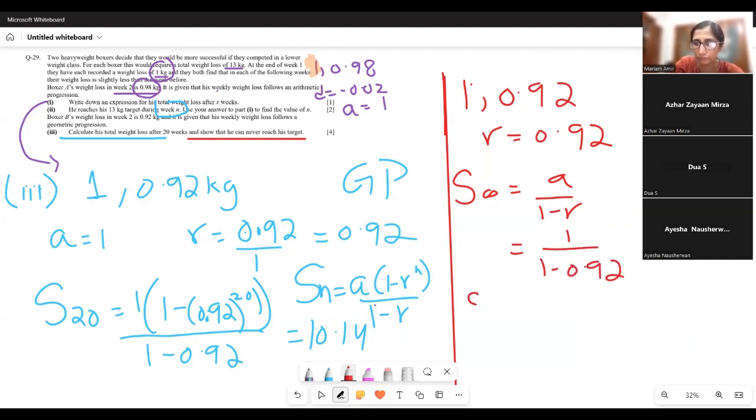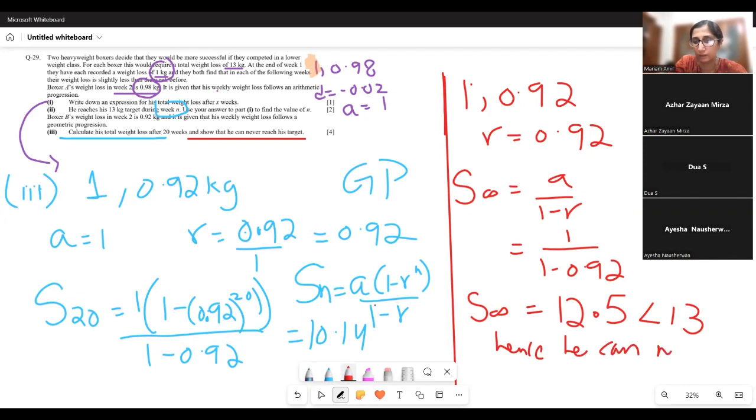What do we get? 12.5. So the sum of all the terms is 12.5, which is less than 13. That means the target can never be achieved. Hence, he can never reach the target.